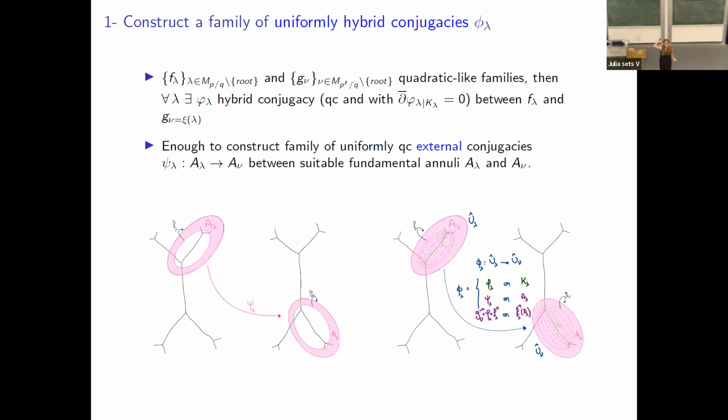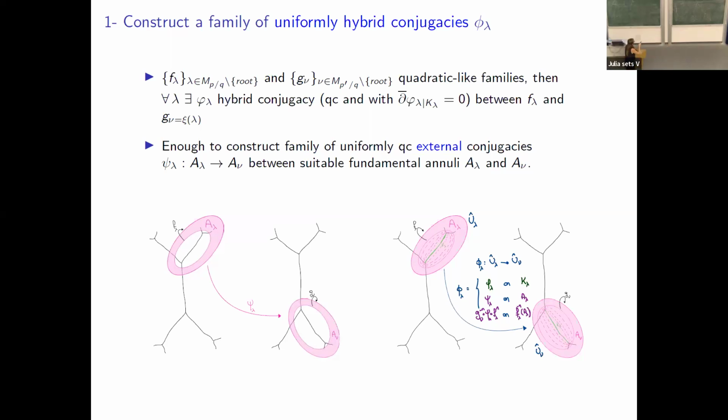So the d bar is 0 on the field Julia set. So actually, I do not need the whole hybrid equivalence. It's enough to construct a uniformly quasi-conformal external equivalence. What does it mean? A family of uniformly quasi-conformal maps between fundamental domains.